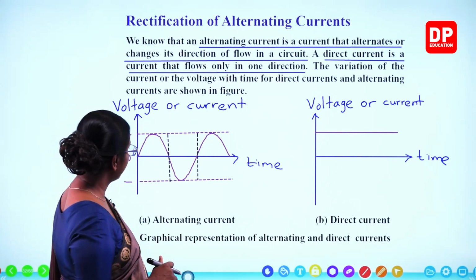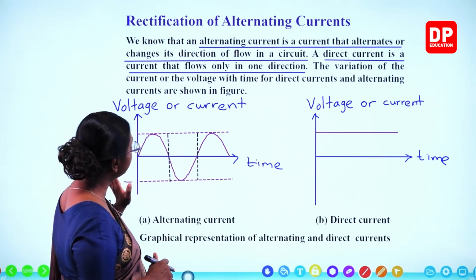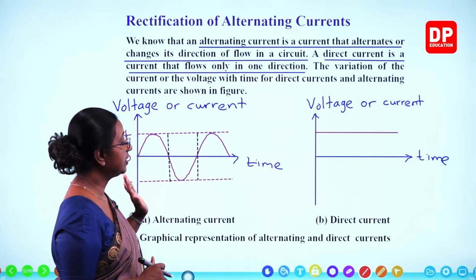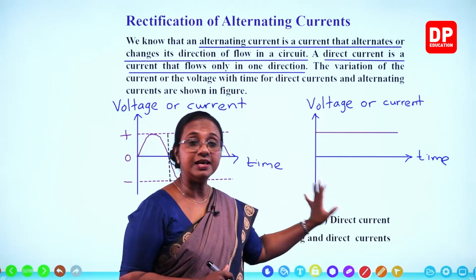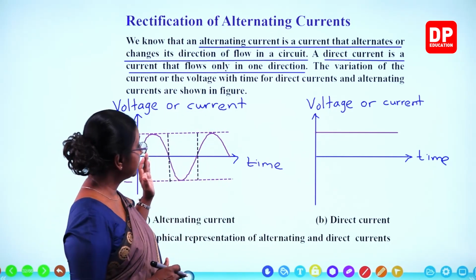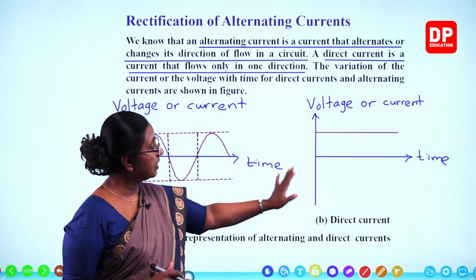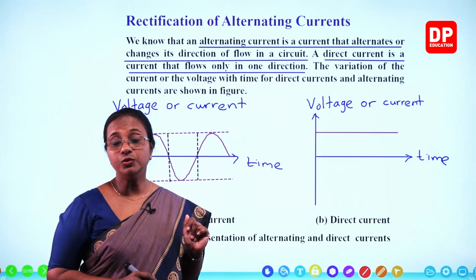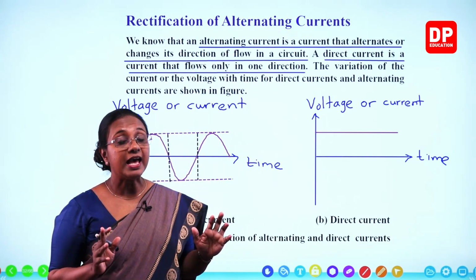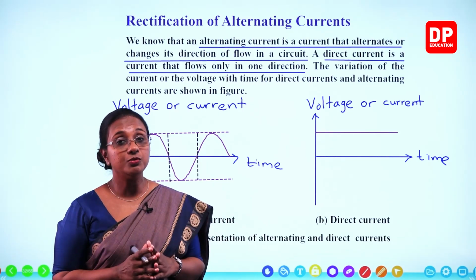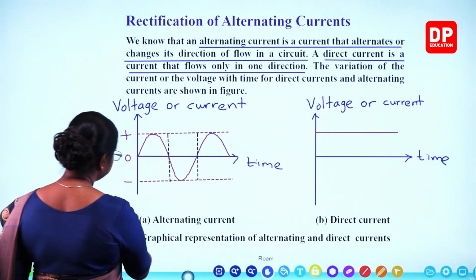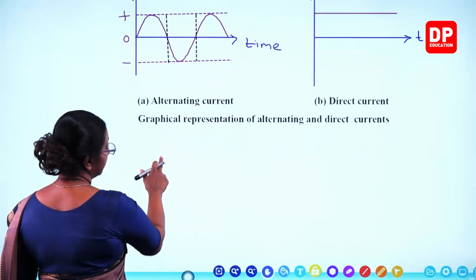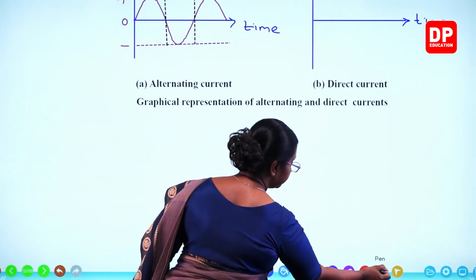So like I told you all, the dynamo produces an alternating current. But there are some devices that need direct current. So this alternating current has to be converted to direct current. For that, what we do is we use a diode. Now what is the function of a diode? Now you all can remember.